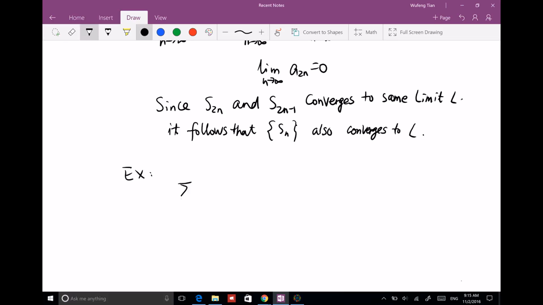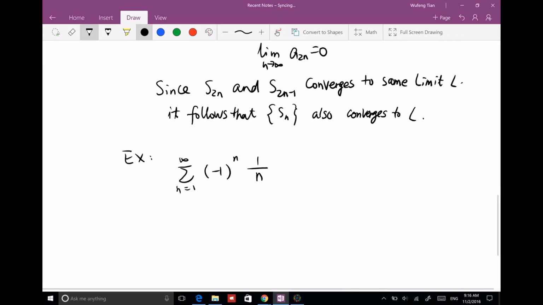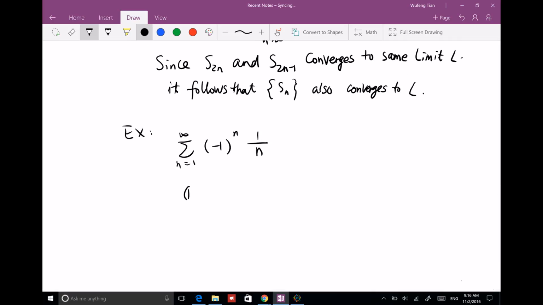So first, the sum from n equals 1 to infinity of negative 1 to the power n, times 1 over n. First, we check that the limit as n goes to infinity of a_n equals the limit of 1 over n. This is just a sign. This is the series, right? The term a_n equals 0.